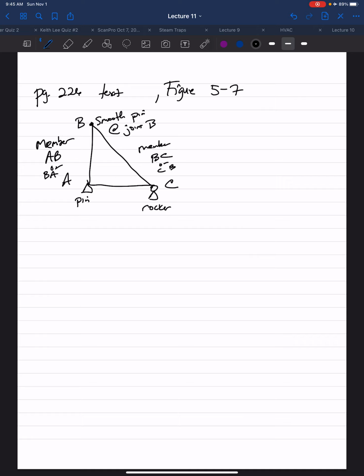But as we see, this is member AB, this is member BC. All right. So this is joint B, and they gave us a pulling force at joint B of 500 newtons.